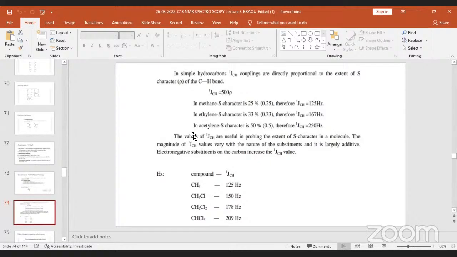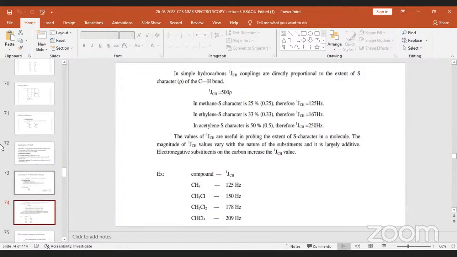These values are very important to predict the S character of a particular carbon in the molecule, which in turn gives the hybridization state of that carbon in an unknown molecule. We can say whether it is an alkane carbon, alkenic carbon, or alkynic carbon. So the values of J1CH are helpful in probing the extent of S character in a molecule.